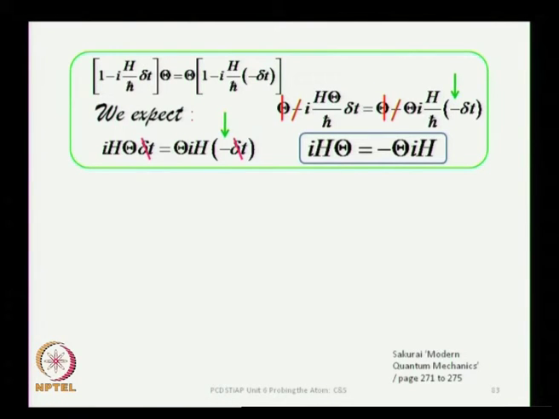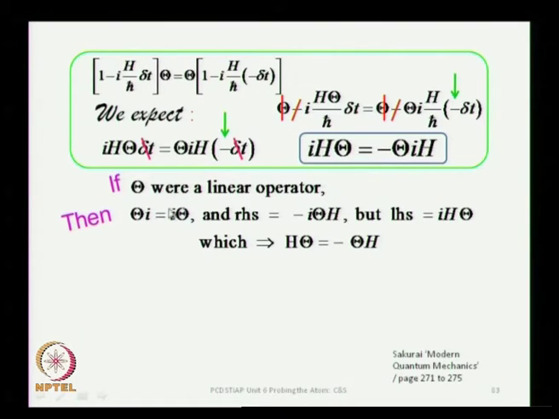The reason of course is that you can pull out the i only if theta is a linear operator. Okay. So, this is the criterion of a linear operator. If theta were a linear operator, then theta i would be the same as i theta, because that is what a linear operator does. Okay.